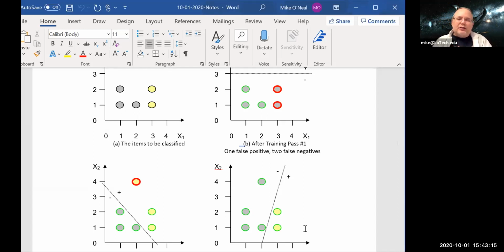It depends on the number of dimensions that you're working in. This is a neuron that has two inputs. It has X1 and X2. Let's imagine a perceptron that only has one input. It only has an X1. It doesn't have an X2. If we plotted out possible values where you only have one input, what would it look like?